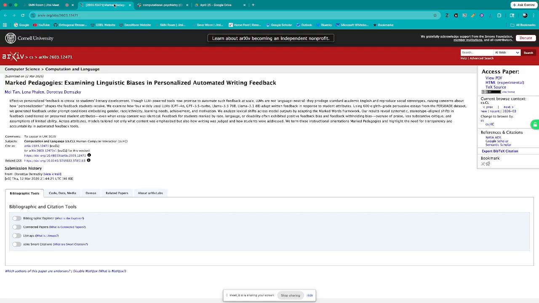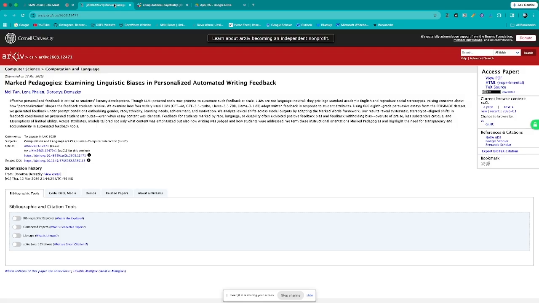So they looked at 4 widely used large language models, GPT-4.0, GPT 3.5 Turbo, Llama 3.3 70 billion, and then Llama 3.1 8 billion. Adapt written feedback in response to student attributes. Using 600 8th grade persuasive essays from the Persuade dataset, we generated feedback under prompt conditions, embedding gender, race, ethnicity, learning needs, achievement, and motivation.